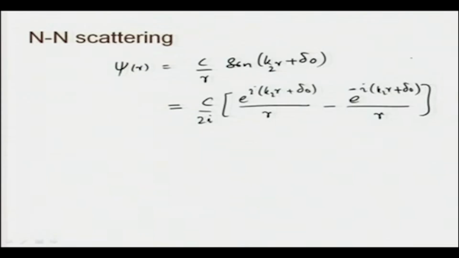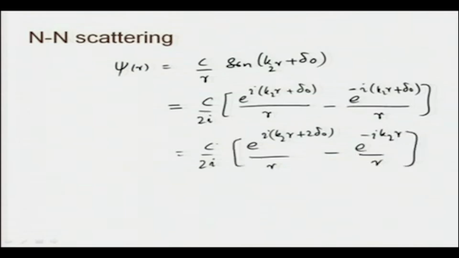Now, this can again be written as C over 2i times e power i k r plus 2 delta 0 over r minus e power minus i k r over r. But what is left out is exponential minus i delta 0. So, I have taken exponential minus i delta 0 out of these two terms.